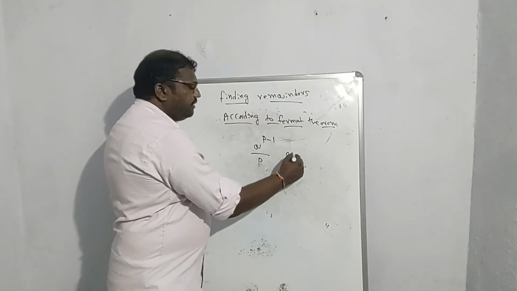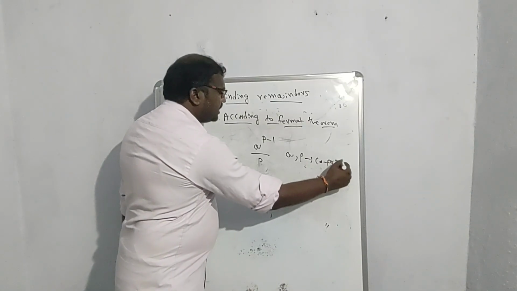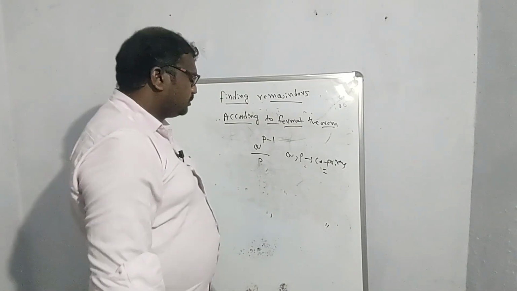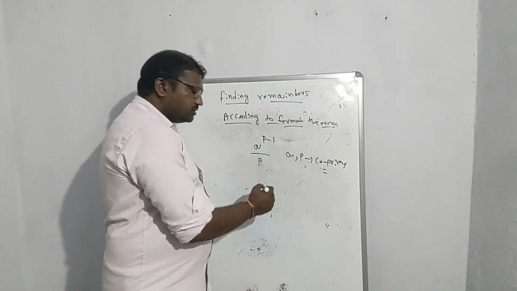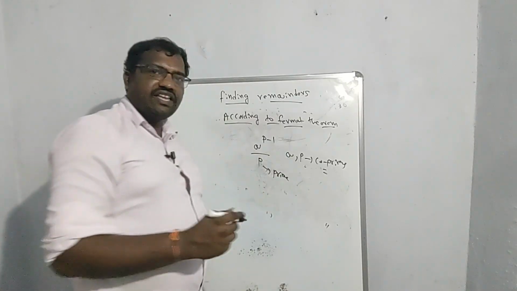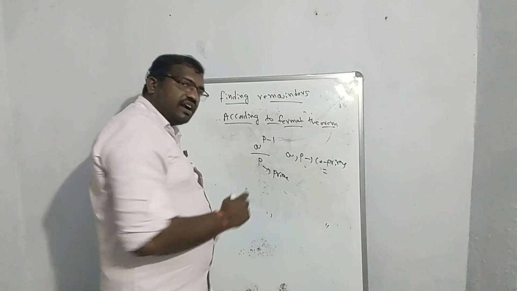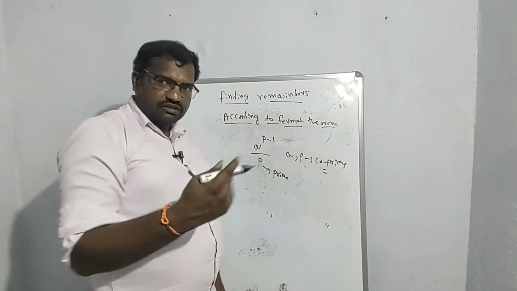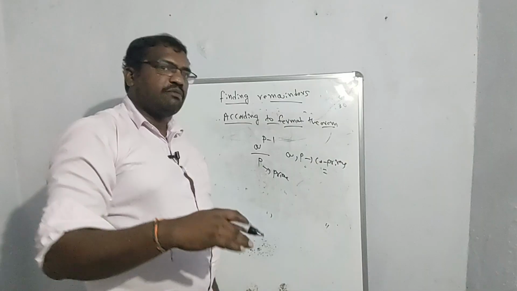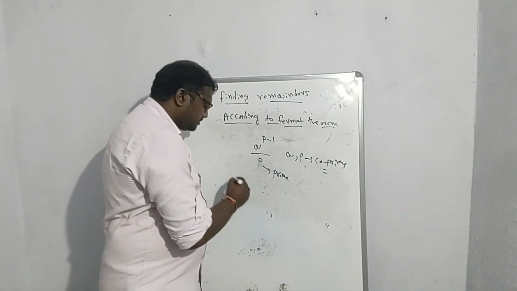Here a and p should be coprime, and p should be a prime number. The numerator a may be either prime or not prime, whatever it may be, but your divisor should be a prime number.